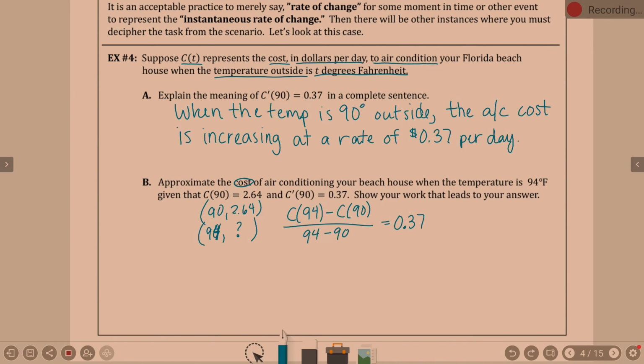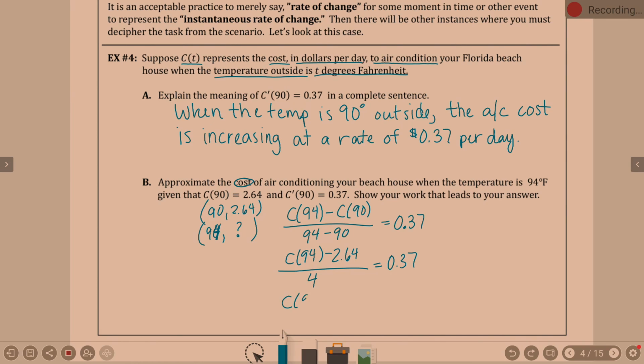Plug in everything you know and do the math. We can do this because we know the rate of change is 37 cents. So I'm trying to find C of 94 minus 2.64 over 4 equals 0.37. Let's see, I already did some math there.